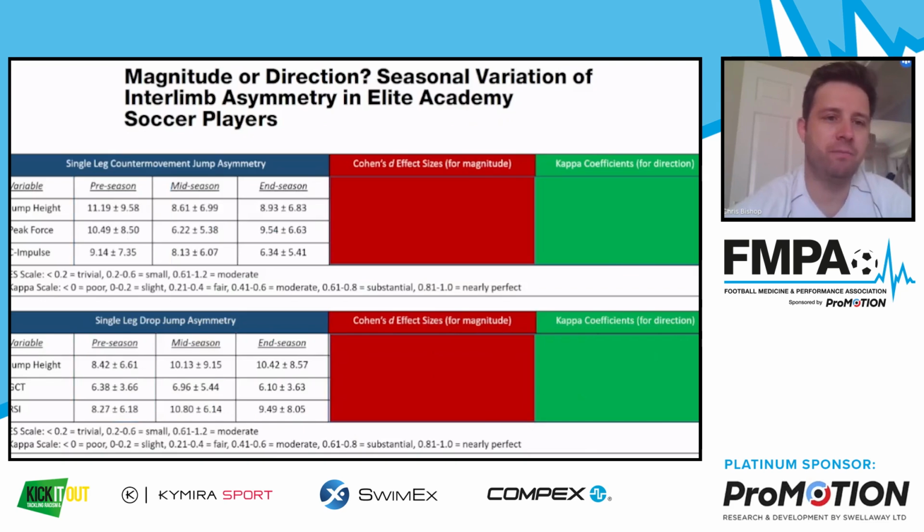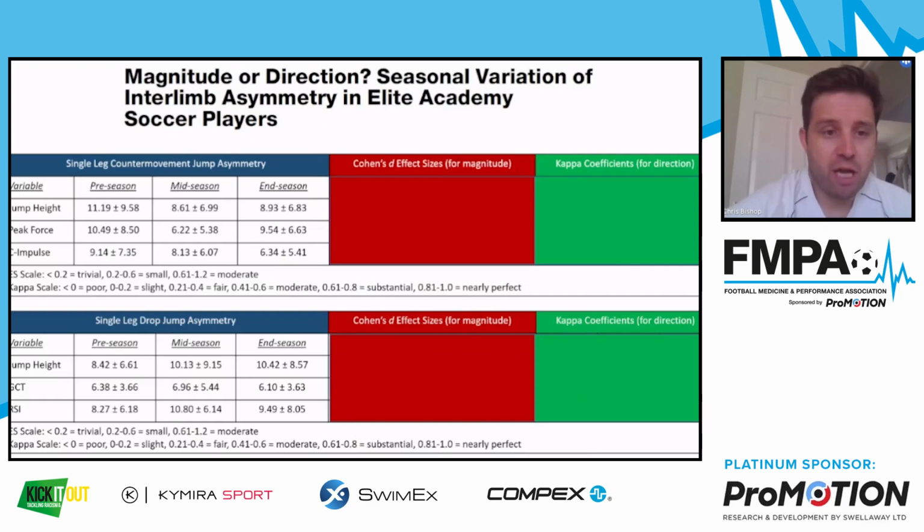We tested the single leg counter movement jump and the single leg drop jump at 3 time points throughout a competitive season. You can see we recorded 3 different metrics across both tests: jump height, peak force, and propulsive impulse in the counter movement jump test, and jump height, ground contact time, and reactive strength index asymmetry during the drop jump test.